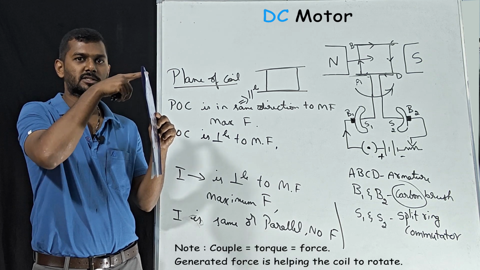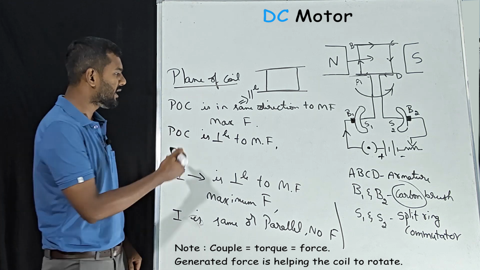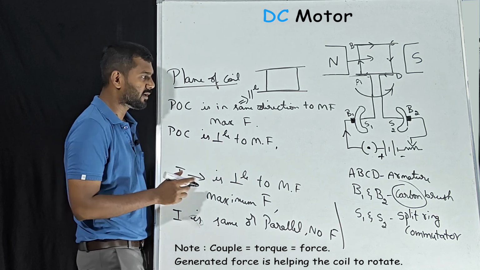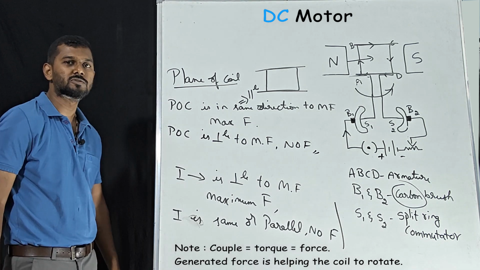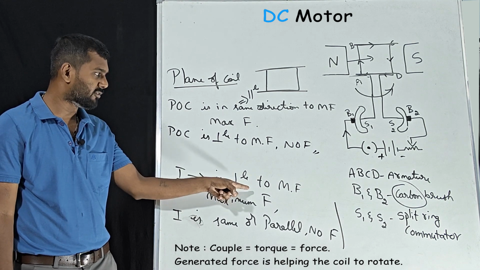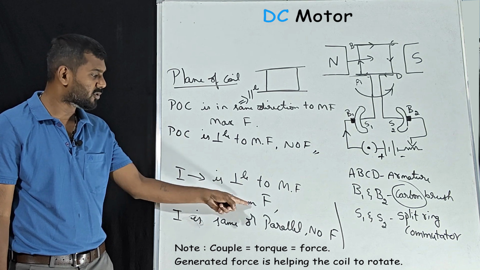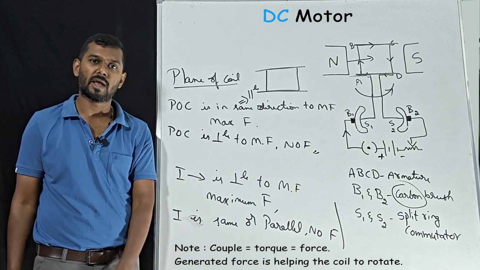See the direction, perpendicular to each other, correct? When the plane of coil is perpendicular to magnetic field, no force will be generated. But when it comes to current, direction of current and magnetic field, okay, maximum force will be generated when the direction of current is perpendicular to direction of magnetic field.